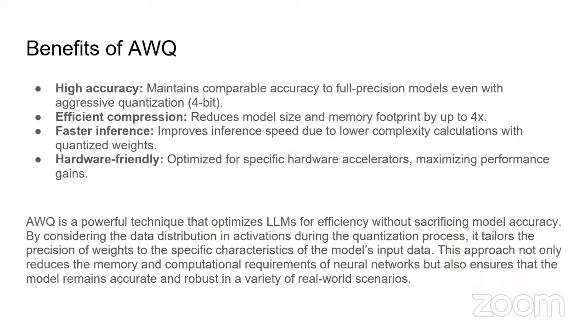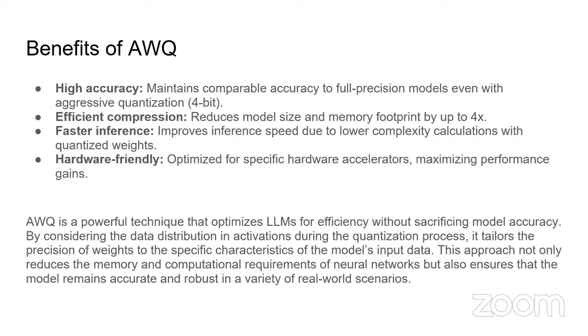Then there are certain benefits of AWQ. It has high accuracy: it maintains accuracy comparable to full precision models, even with aggressive quantization, that is 4-bit. Efficient compression: it reduces the model size and memory footprint by up to 4x.